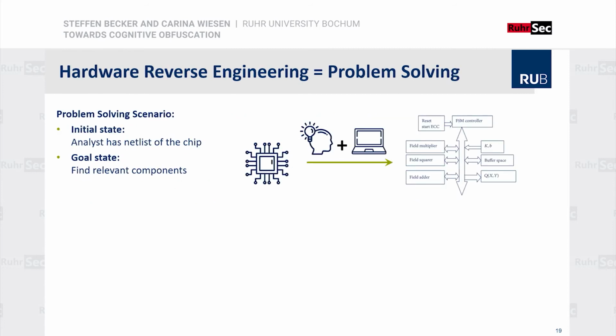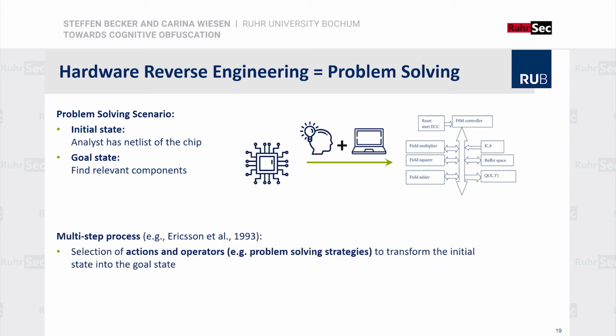But what does a problem-solving scenario look like in hardware reverse engineering? The problem solver gets the netlist of an unknown chip design, what we would define as the initial state. His or her goal is to find relevant candidates from that netlist. For that, he or she applies a multi-step process.